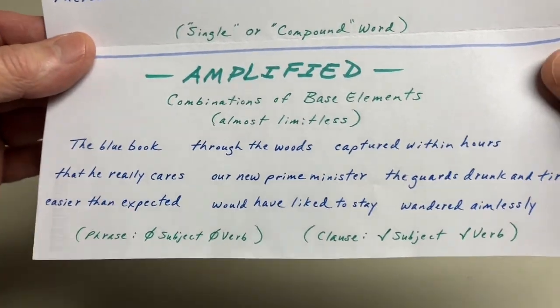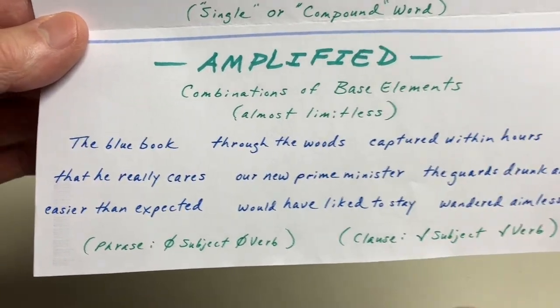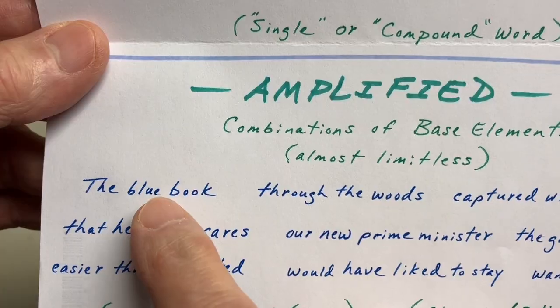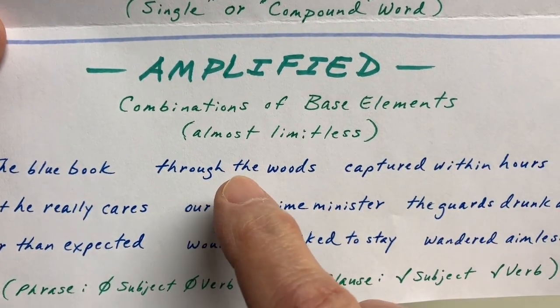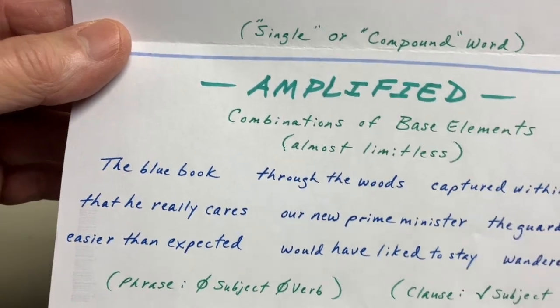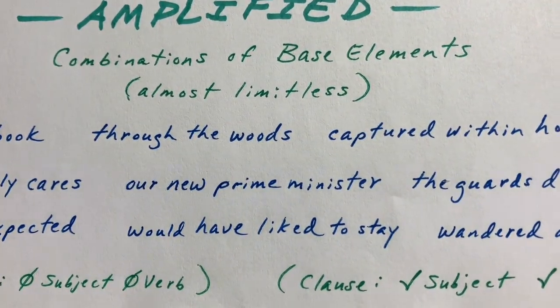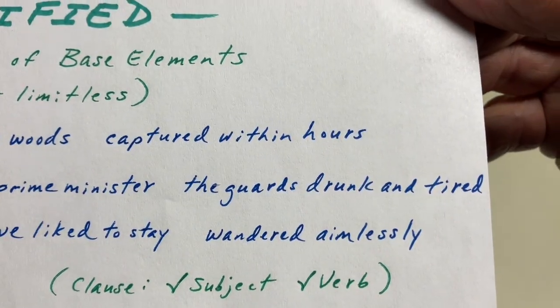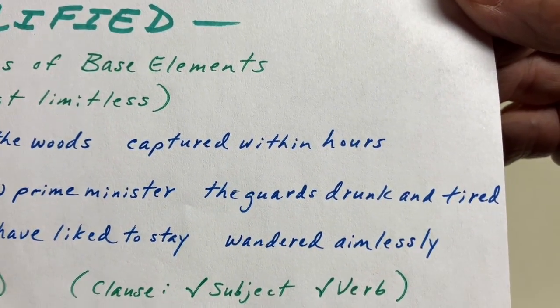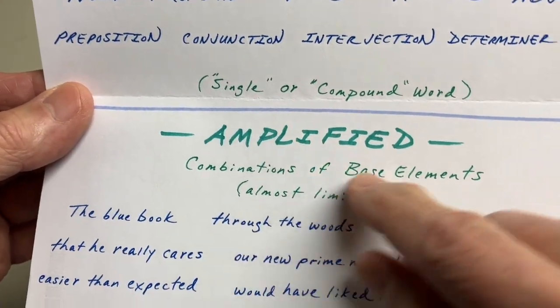Then the amplified sentence elements could be almost anything: noun phrases, preposition phrases, all different kinds of phrases and clauses. I have some examples here, but the point is almost any combination of words which forms phrases and clauses would be your amplified sentence element.